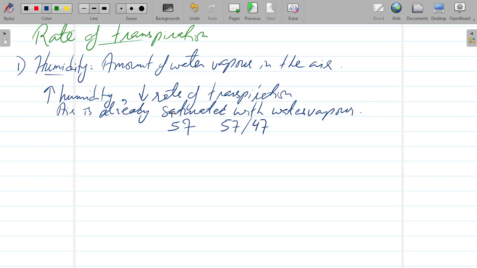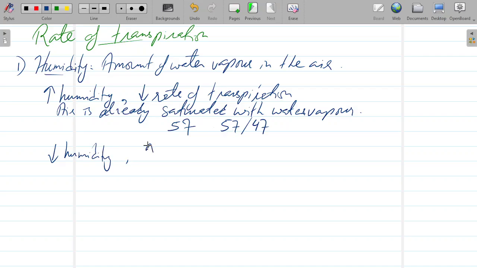And so when there's already a lot of water vapor in the air surrounding the leaves, it will not promote any more coming from the leaves, right? And obviously if the humidity is low, you can flip that around. In fact, it should have said low.